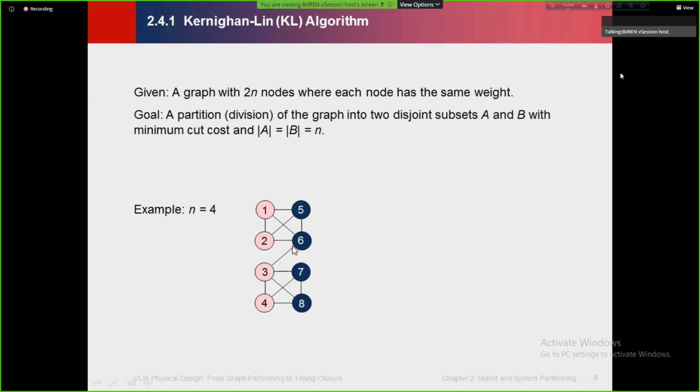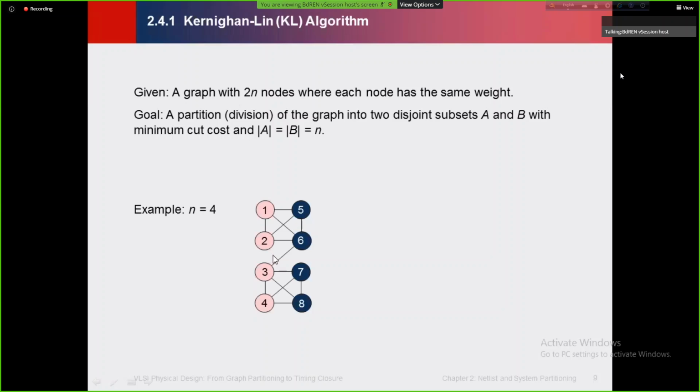Maybe block 1 is bigger than block 5, or maybe block 7 is way bigger than 3. Then the size would matter when we put them into different partitions. But in this case we are not considering the weight, the size of each block.